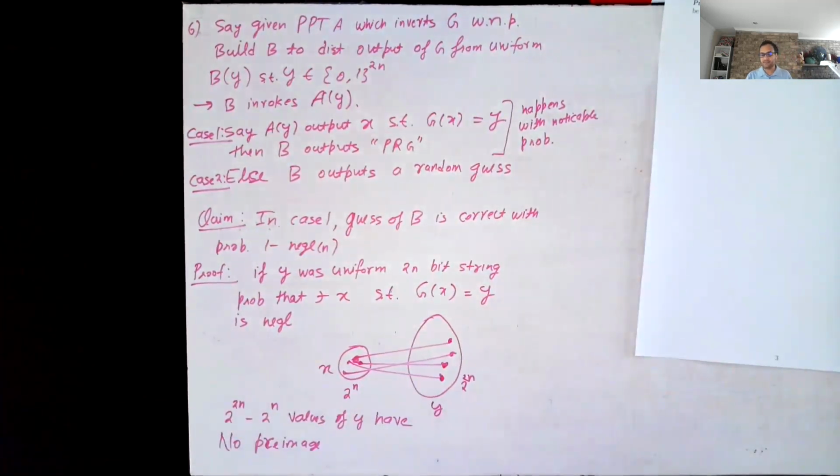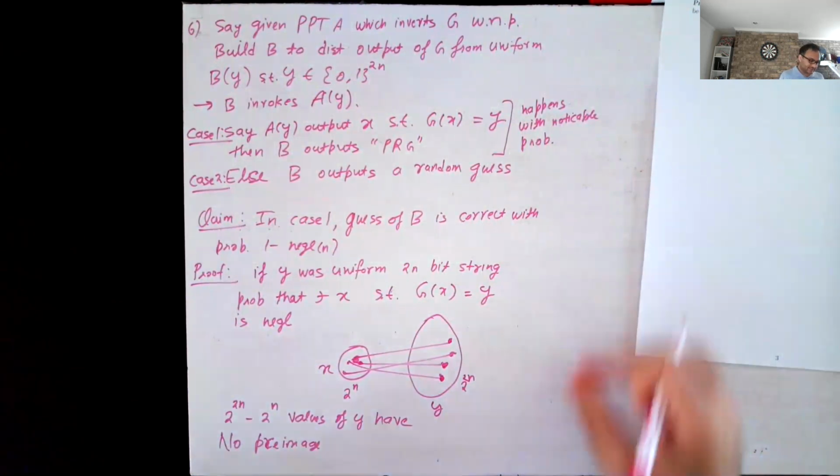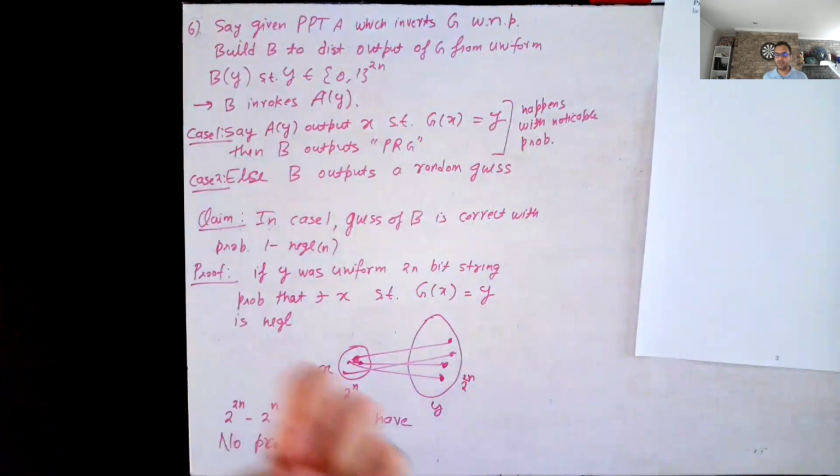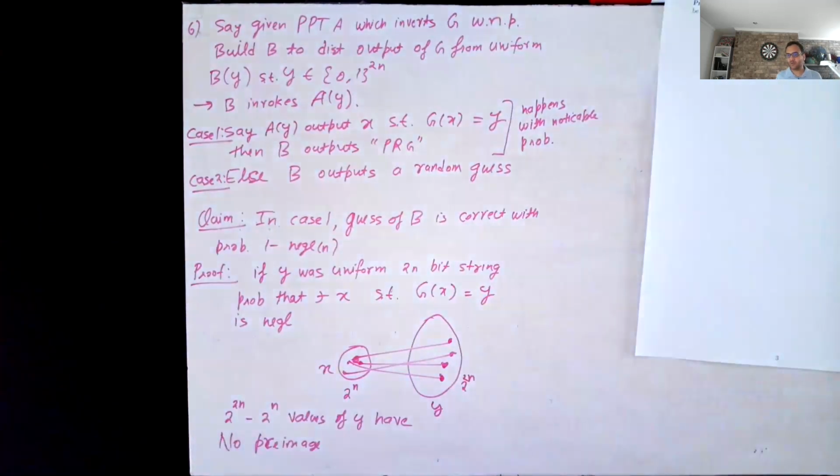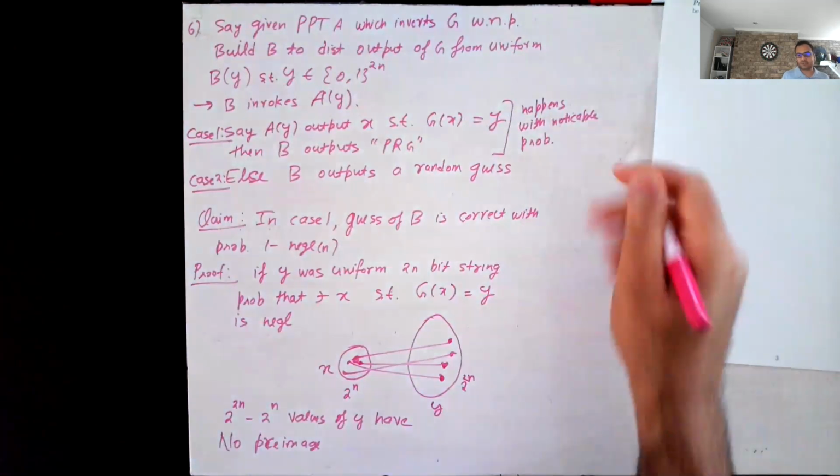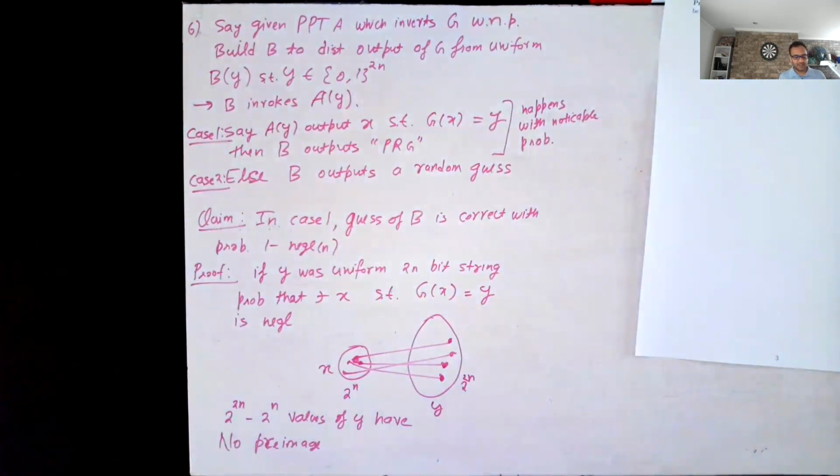You cannot invert them. So this means that if we are able to invert them, then the output is indeed the output of a PRG, except with negligible probability. Okay? So we have 2 cases. In case 2, we are winning with probability half. In case 1, we are winning with probability very close to 1. And case 1 happens with noticeable probability. So let me now skip the remaining equations, but when you take the average over case 1 and case 2, your probability of winning would be half plus noticeable.